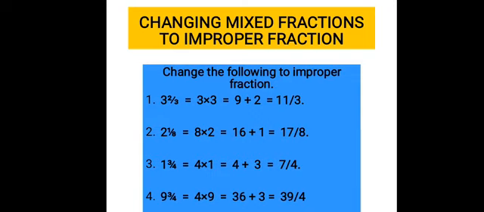So 3 times 3 gives you 9. Then plus the numerator, which is 2. So 9 plus 2 will give you 11 all over 3.